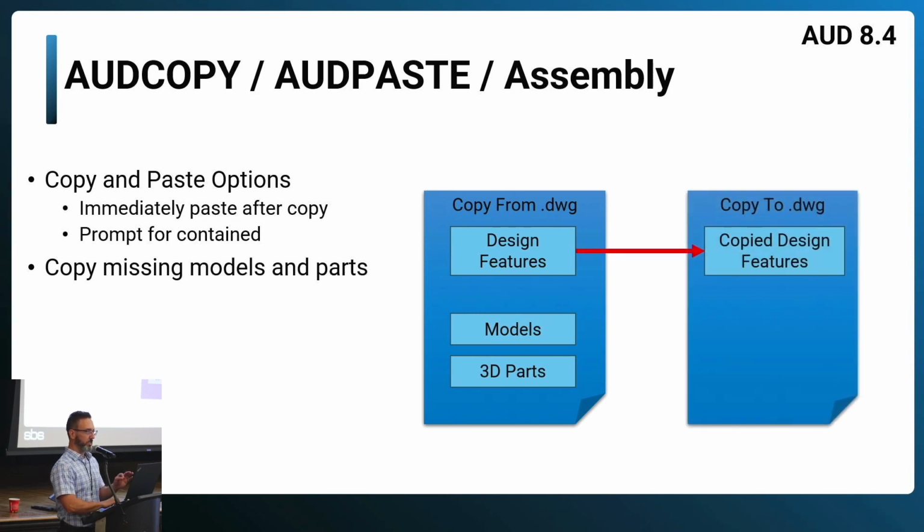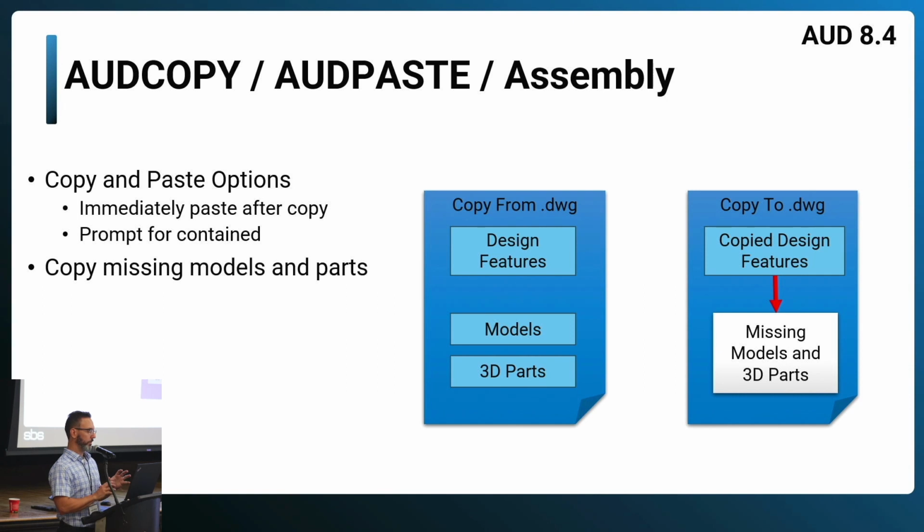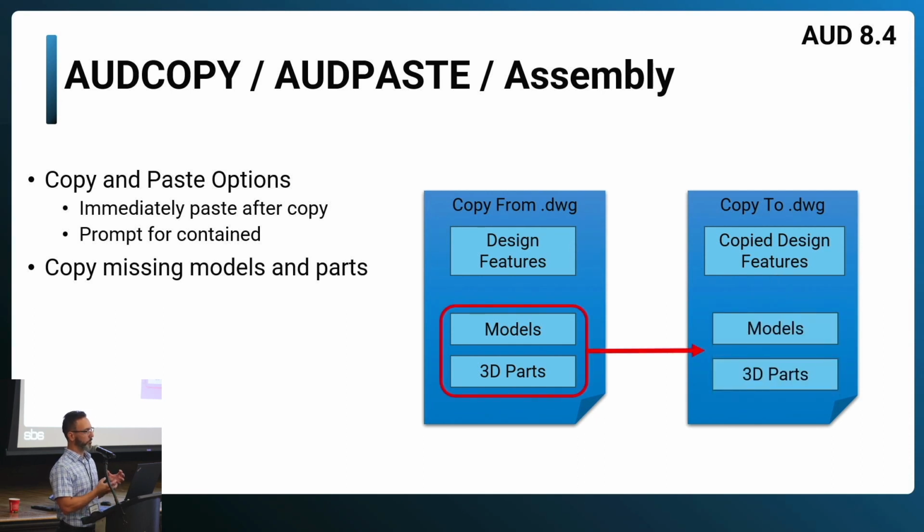But that doesn't necessarily mean that the information for the underlying models for those features are copied. So previously, you could copy those design features over, and if you weren't using the same template or you had a slightly different set or missed models that were from the source drawing, you'd have the design feature information, but you might not have the underlying models. So now those underlying models and part definitions can be brought over as well.